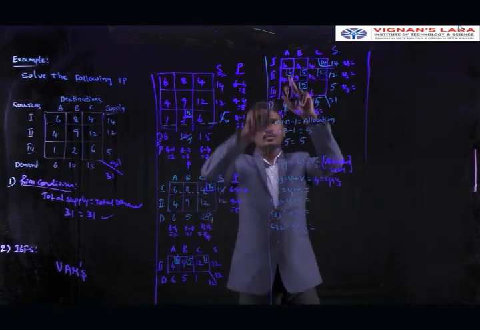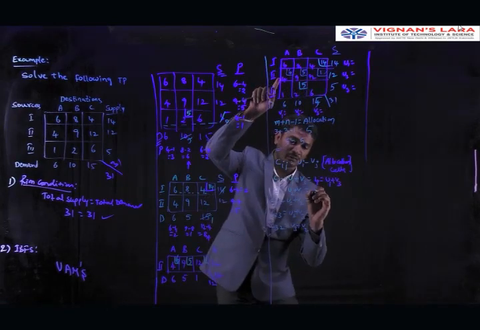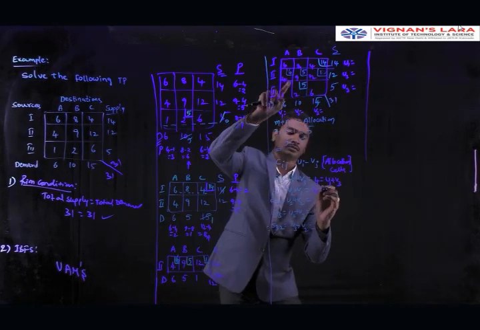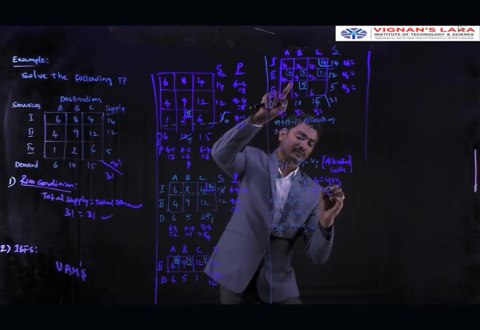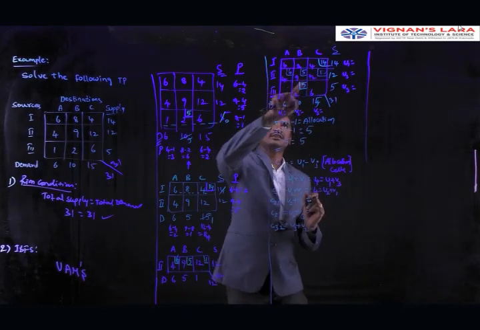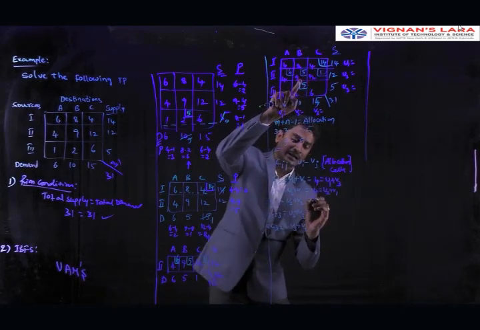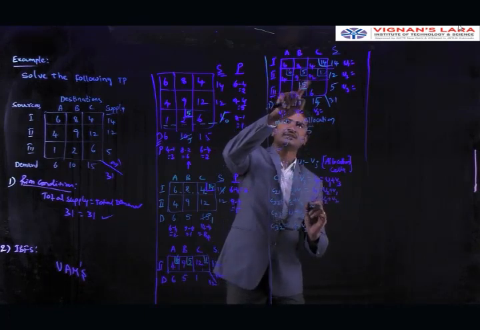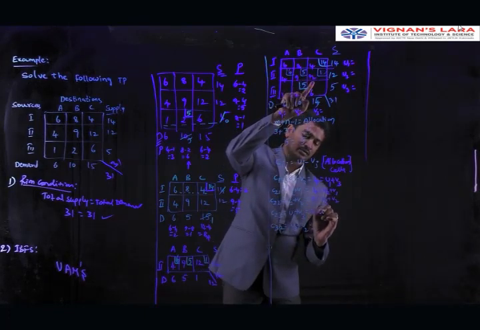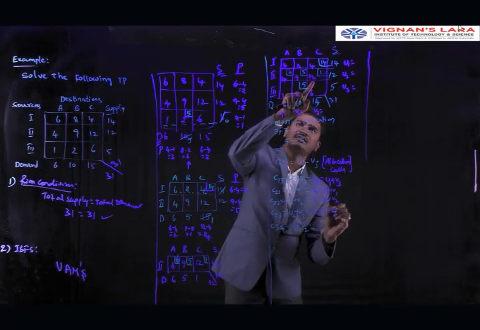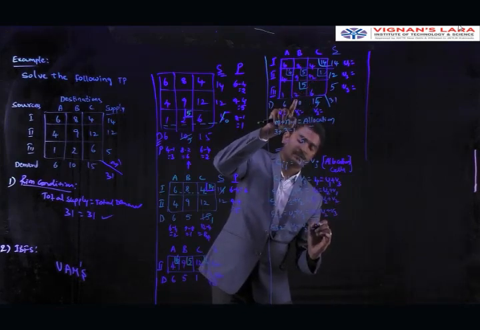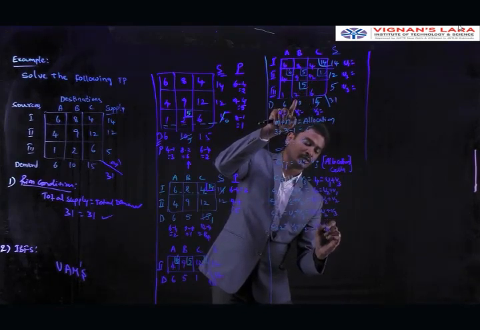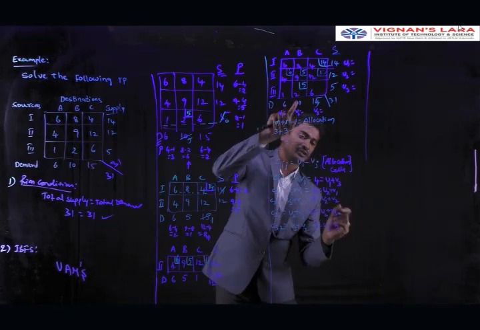Here what is the unit cost at C21? 4 is equal to U2 plus V1. Next C22. Here 9 is equal to U2 plus V2. Next 12 is equal to U2 plus V3. Next 2 is equal to U3 plus V2.